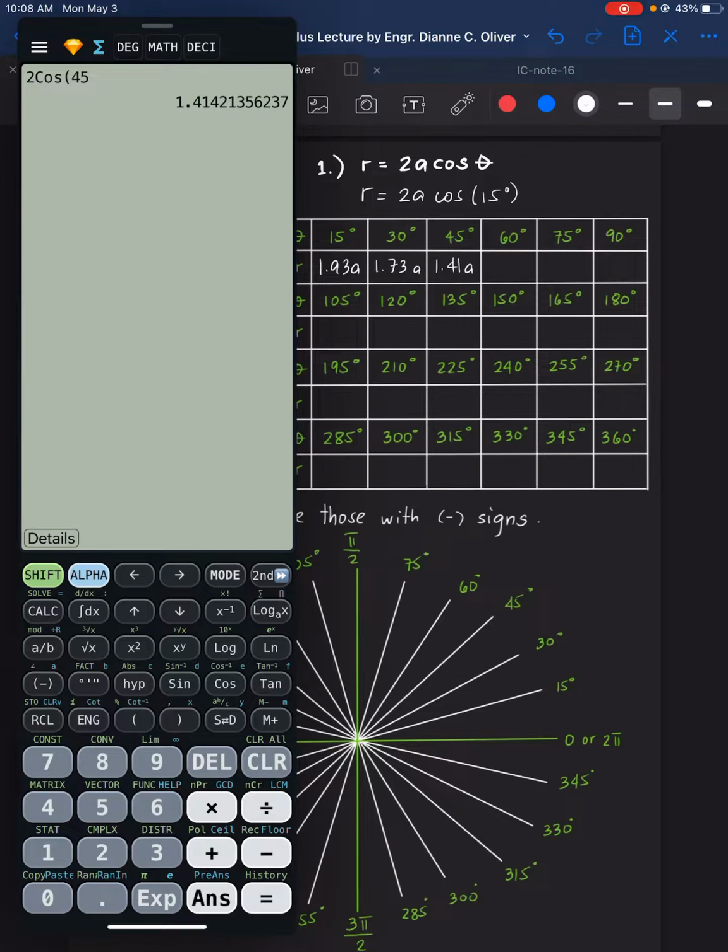Cosine 60 is equal to 1, or that is a. Cosine 75, that is 0.52a. Then cosine 90, that is 0. Okay, so we can go on and on until we fill the entire table.